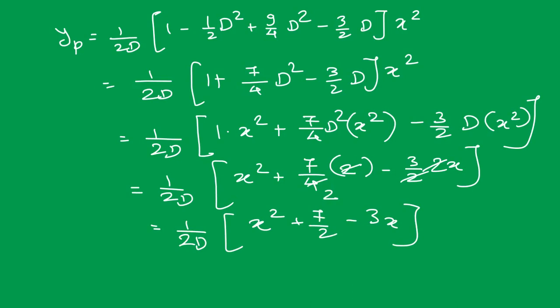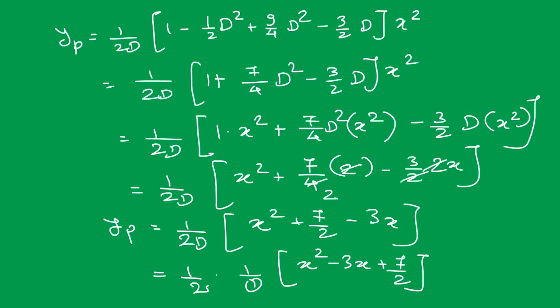Now still we have to operate this 1 upon 2d. See, this is same as 1 by 2 times 1 by d operates on x square minus 3x plus 7 by 2. And we know that 1 by d is nothing but integration.